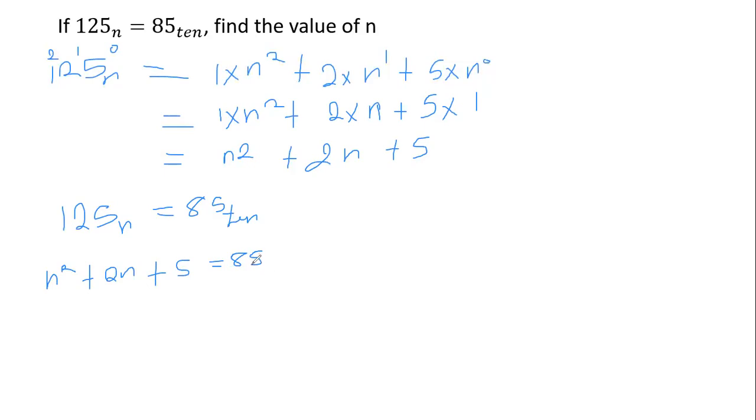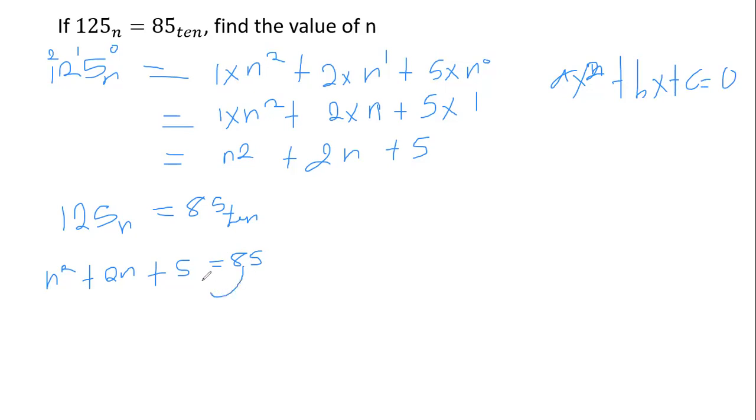Since we have an n squared, it becomes a quadratic equation. And we know that a quadratic equation is equated to 0: ax squared plus bx plus c is equal to 0. So our aim is to equate the whole expression to 0.